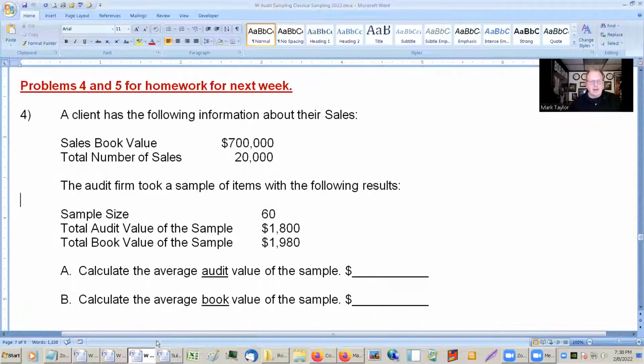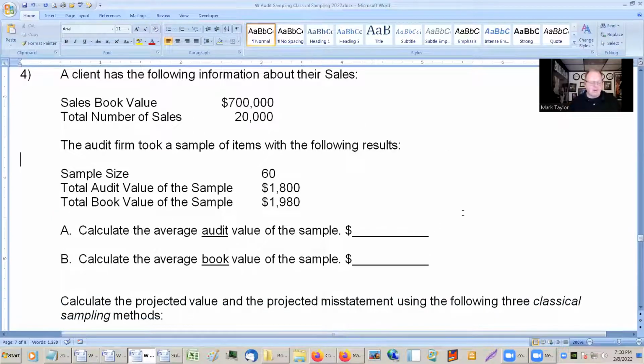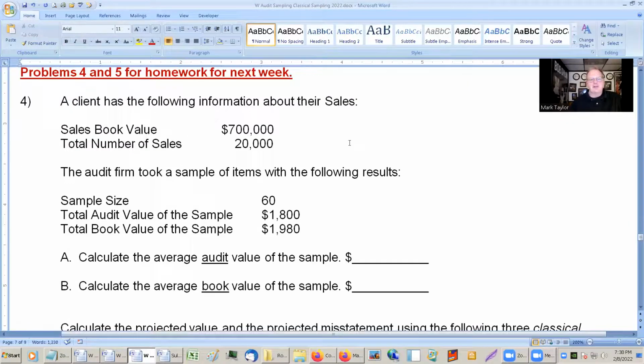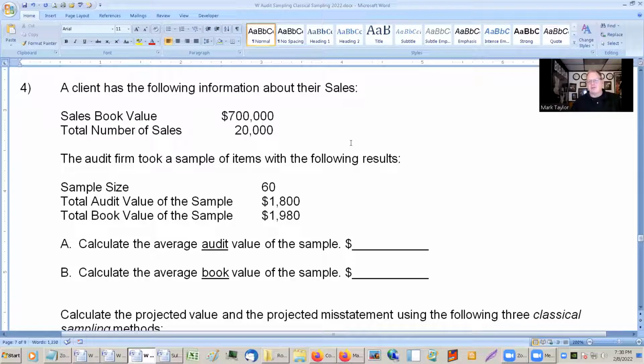Problems 4 and 5, and we'll go over them if you have any questions on them. We'll see where you're at. But anyway, see if you can do those two, 4 and 5. They're very similar to the other ones that we did.